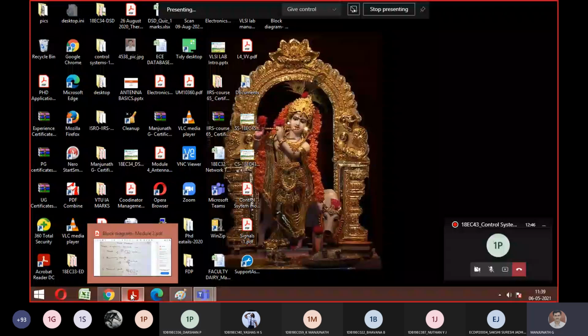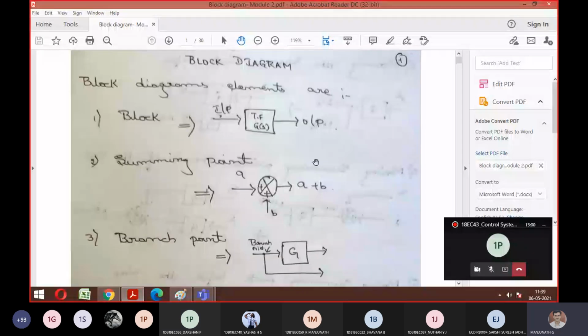Yeah, audible, guys? Is it audible? That PDF is visible? Yes, sir.